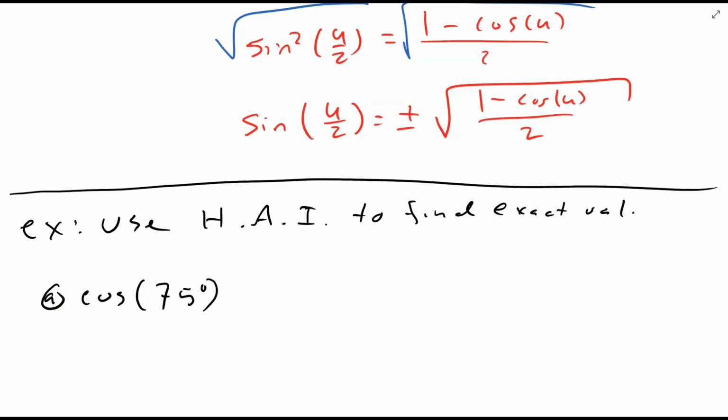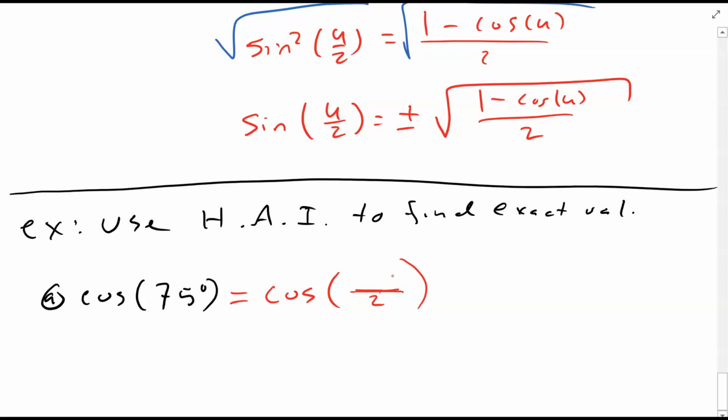So let's use our half angle identity to find the exact value for, say, cosine of 75 degrees. I need to rewrite cosine of 75 as cosine of something divided by 2.